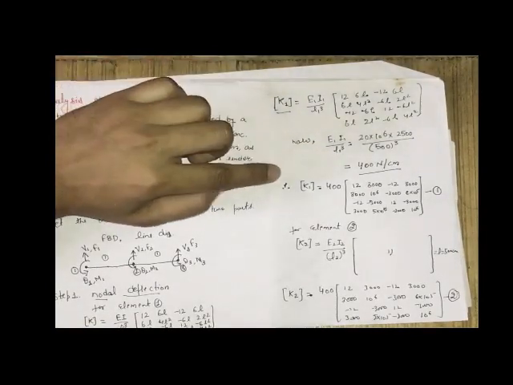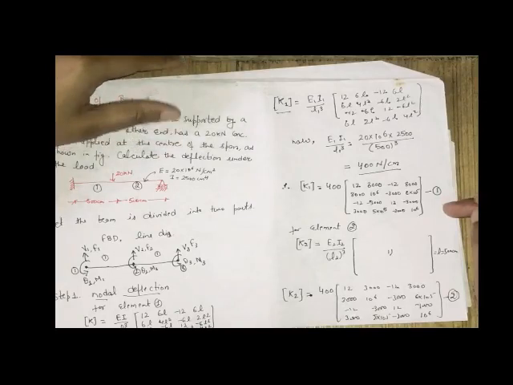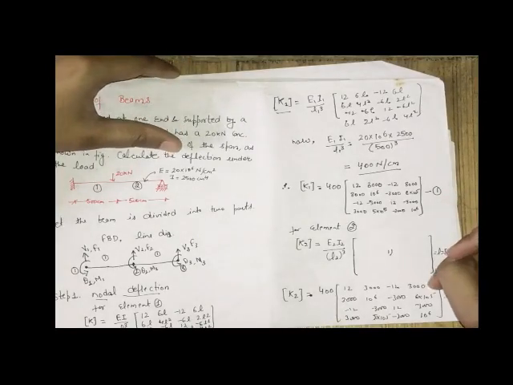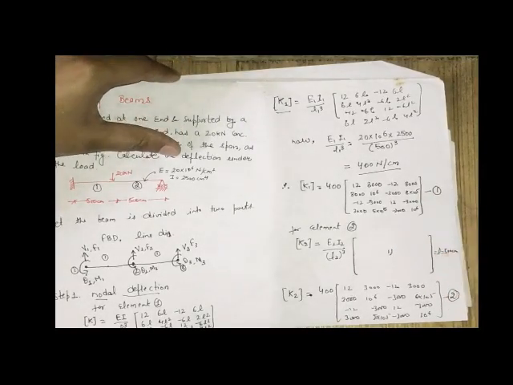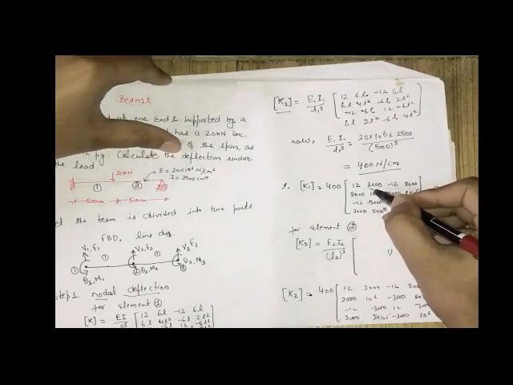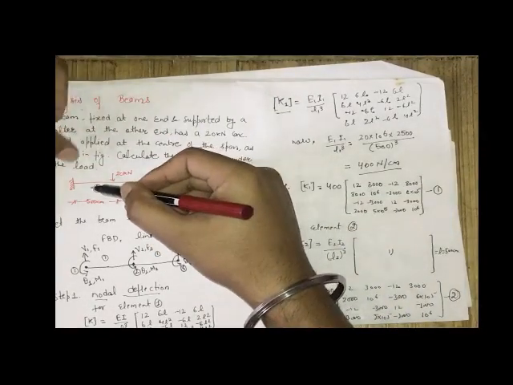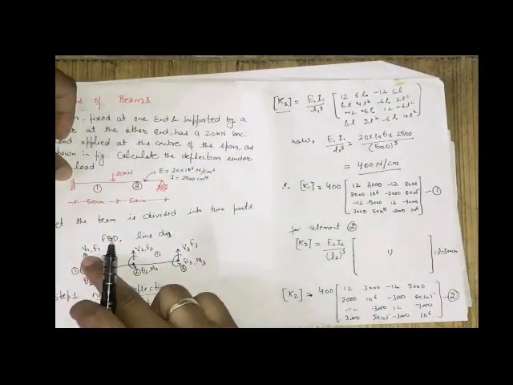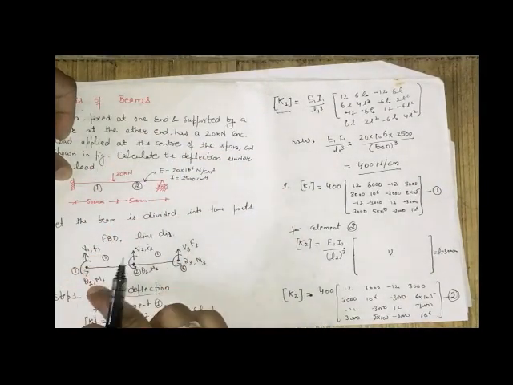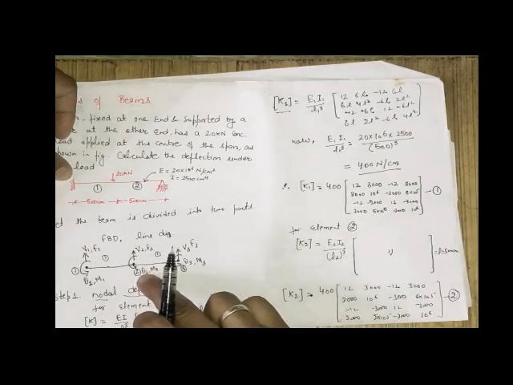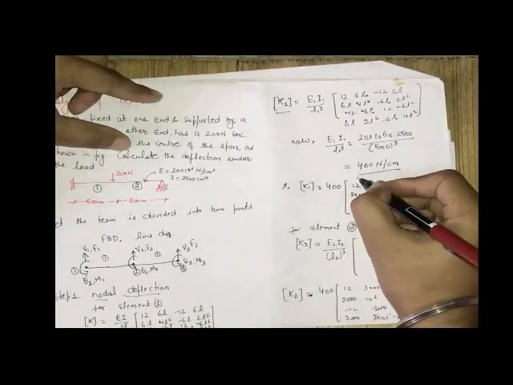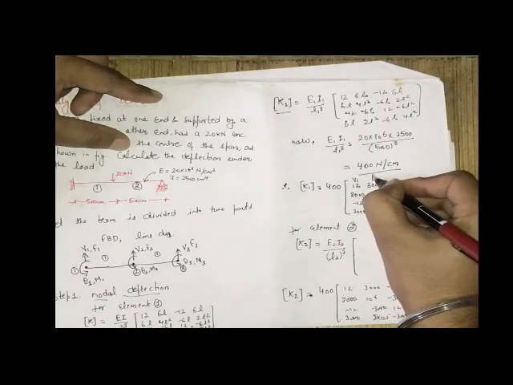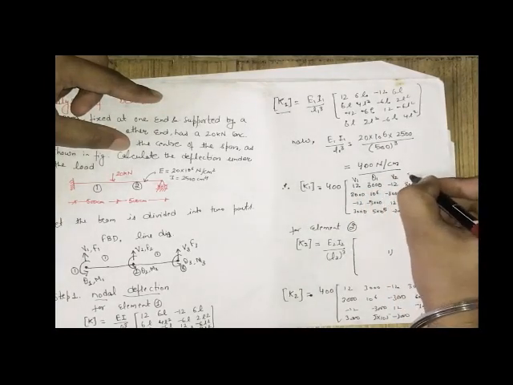Before completing the stiffness of element 1, define the displacement at each node. At node 1, what is the deformation in element 1? There are two deformations: one is the vertical deformation and another is the slope deformation, theta 1 and theta 2 for element 1. So we write V1, theta 1, V2, theta 2.